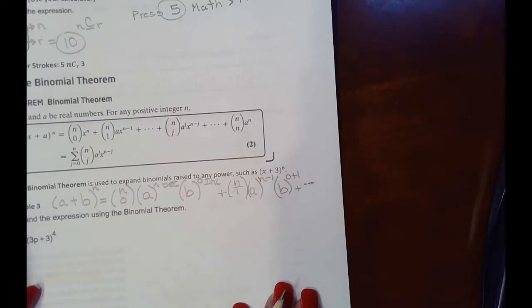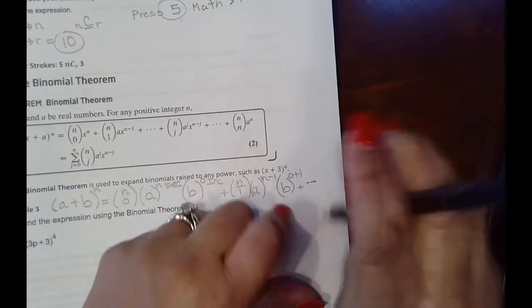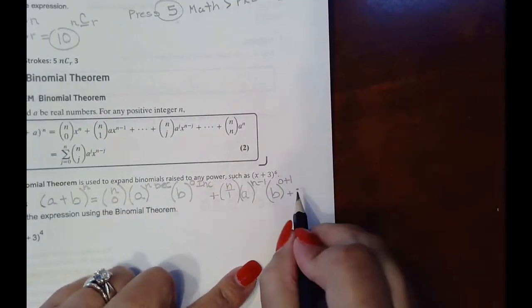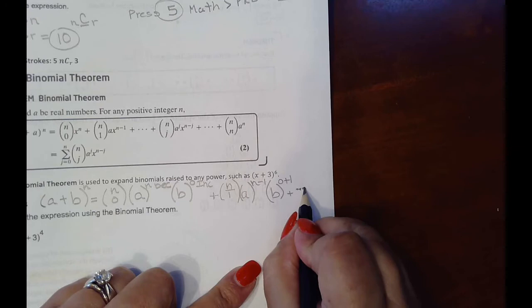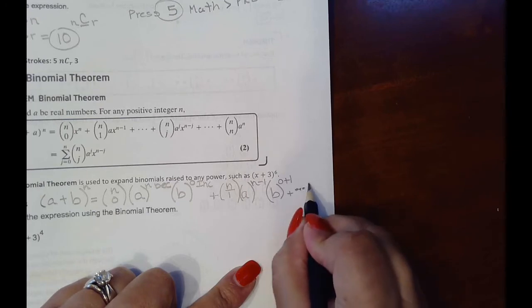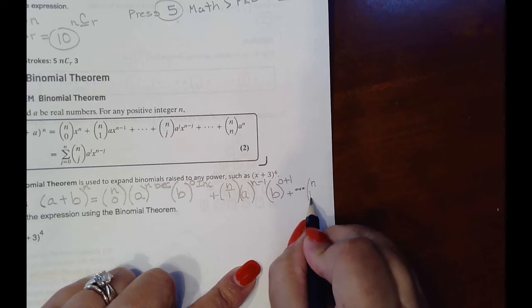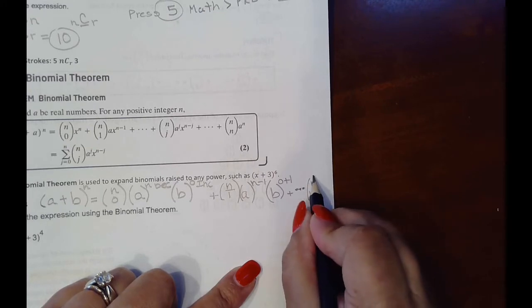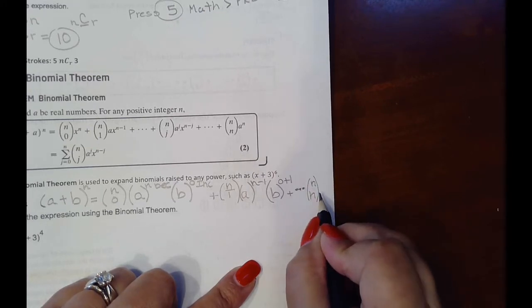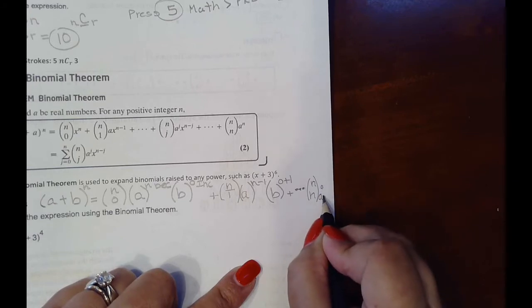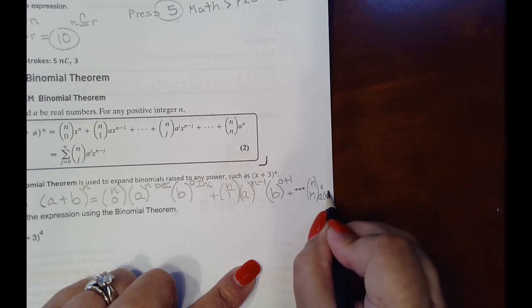Let's see if I can move this over. All the way until you get to the point where these two values match, and you've gotten to the point where the first term has gone down to a power of 0, and the second term has reached a power of n.